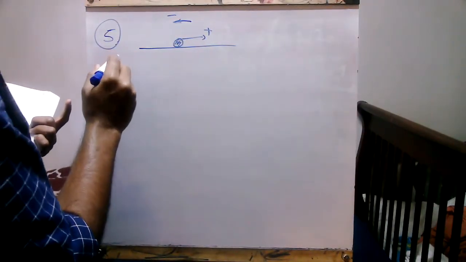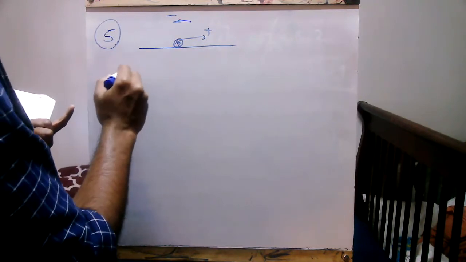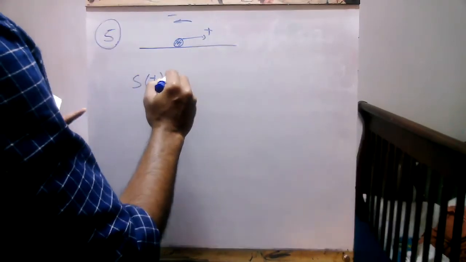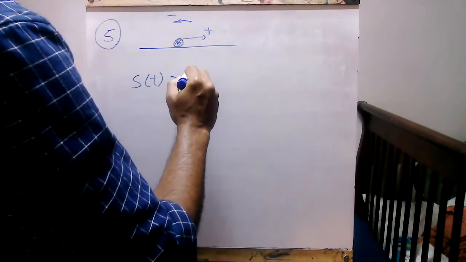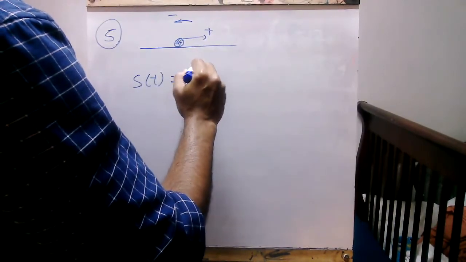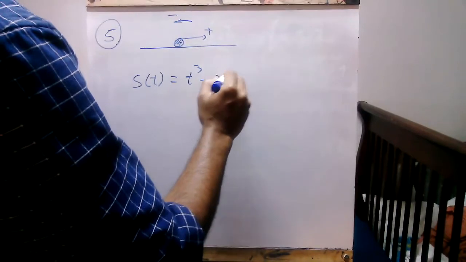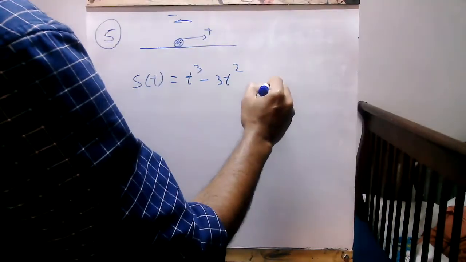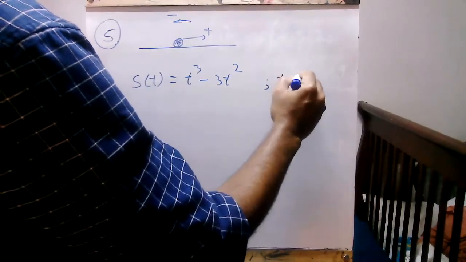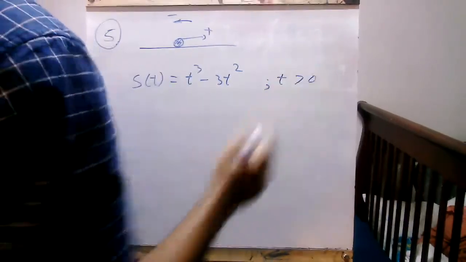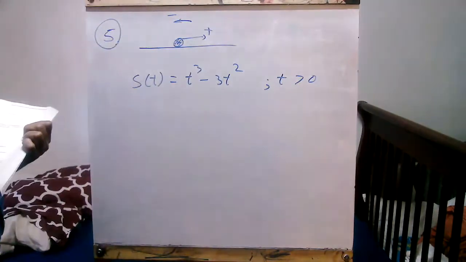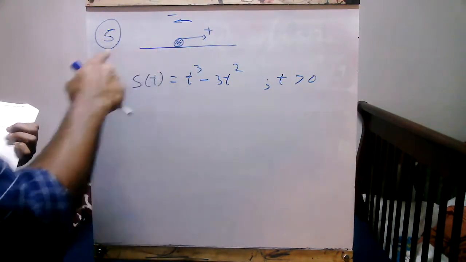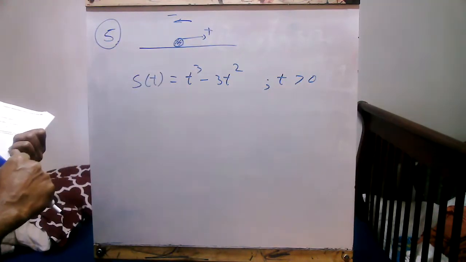Okay, let me write down the equation. It is given by s(t) equals t cubed minus 3t squared, where t is greater than 0. That means we start from time 0, no negative values for time, right?